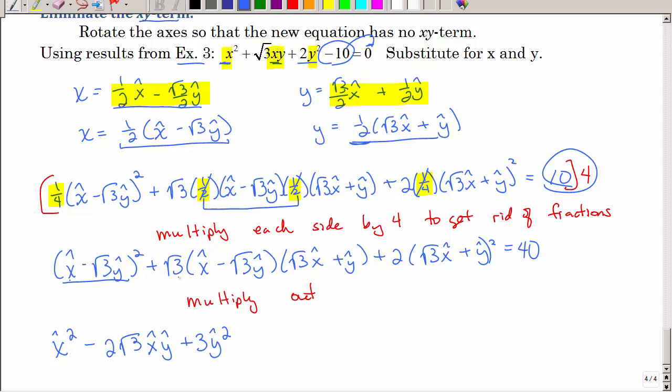Okay, here I'm going to leave that square root of 3 on the outside and multiply that quantity together. So let's see, x hat, y hat would be positive. That's going to be negative 3, so I'm going to have a negative 2 x hat, y hat.